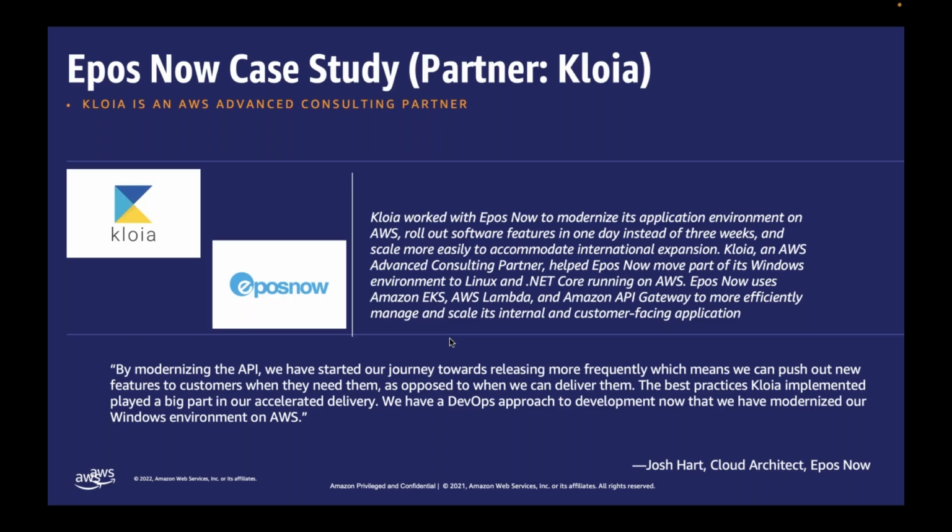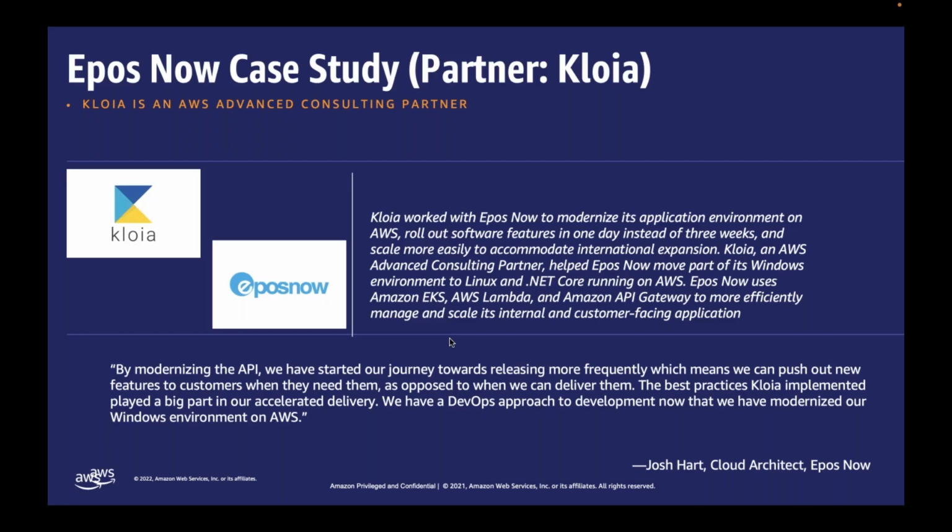So although EPOS Now has been running Windows-based API environment on AWS for a long time, the company really needed more scalability to meet the increasing customer demand. However, they had a monolithic .NET Framework API that was running on EC2 Windows. So it was really slow to scale and challenging to manage because it wasn't built with modern tools designed for the cloud, right? That's where Kloya stepped in.